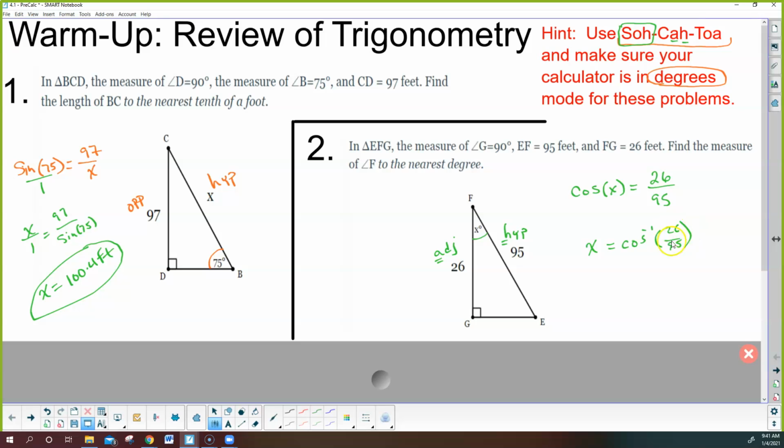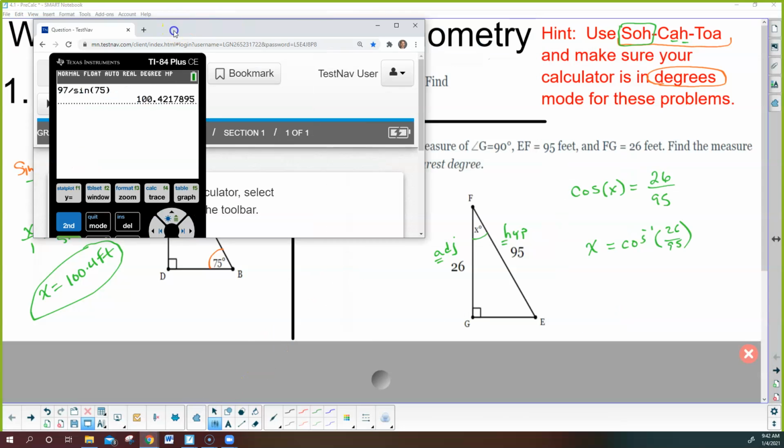And then the cosine inverse of the ratio of the adjacent over the hypotenuse is just the value that I'm going to plug into my calculator. Now, notice they say find the angle f to the nearest degree. That's a hint that we need to remain in degrees mode.